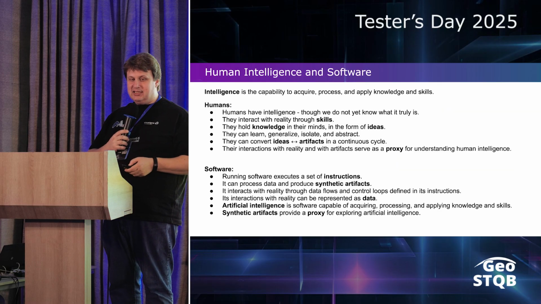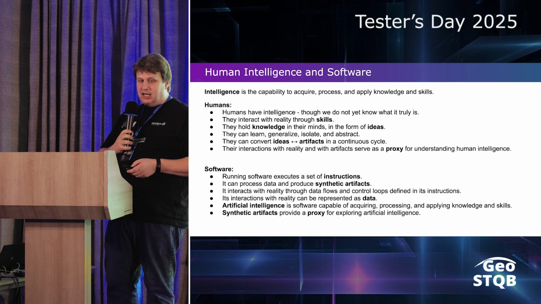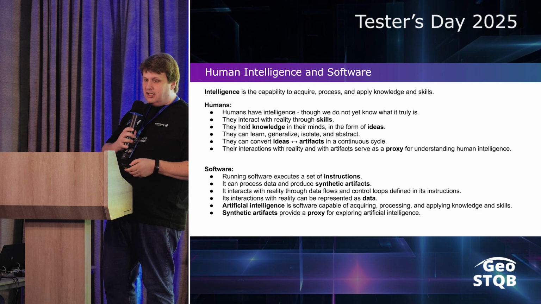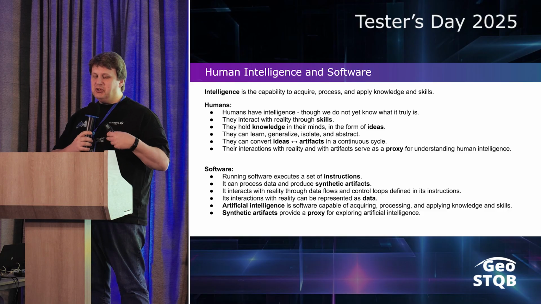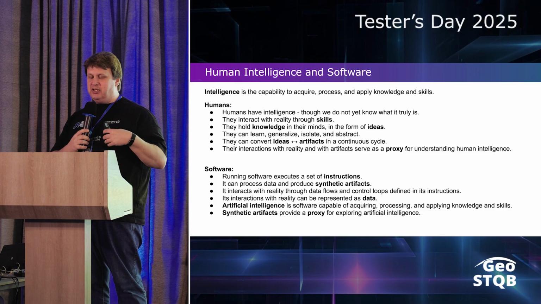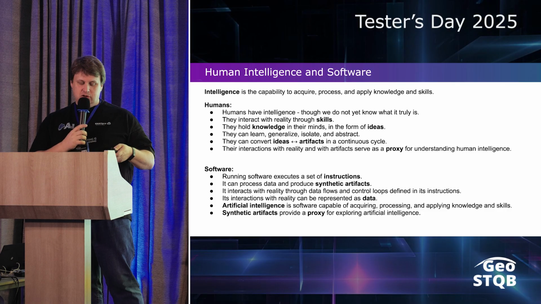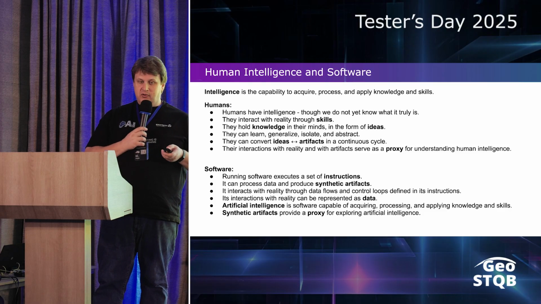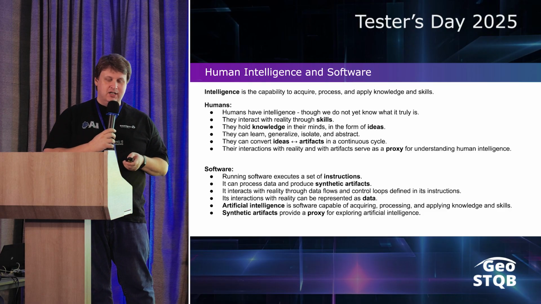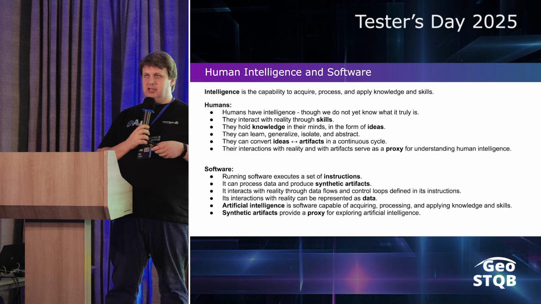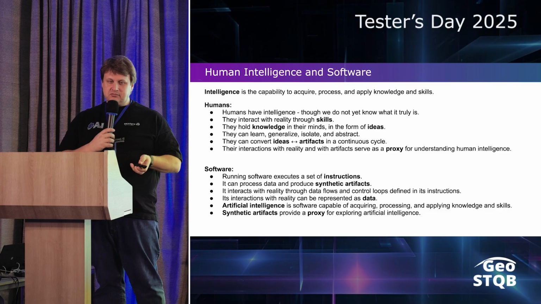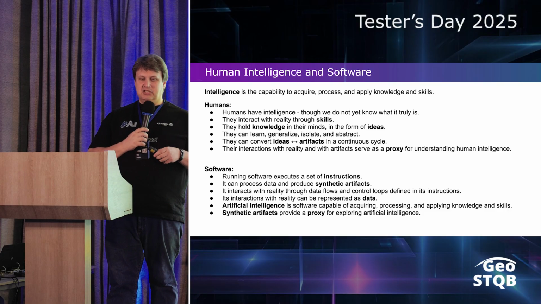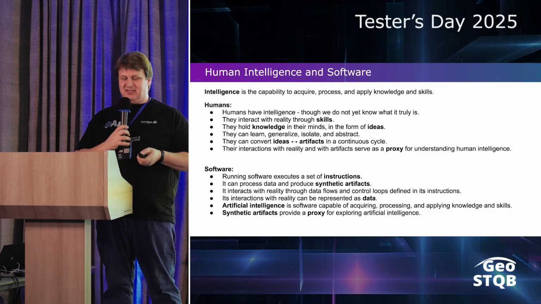And what it means is that, to understand the relation between what humans can do and what software can be used for, it is necessary to look at it in terms of software, data, data sets, and artifacts.